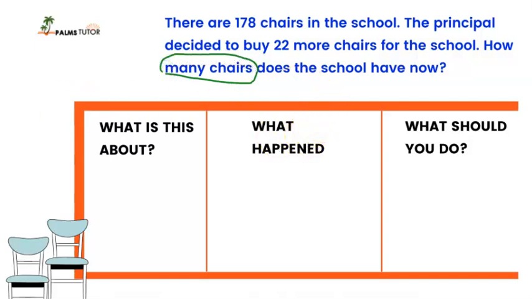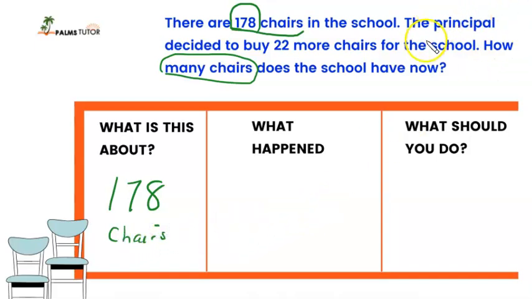So let's go ahead and read one sentence at a time. There are 178 chairs in a school. Do you have any information in this sentence? 178 chairs. You are interested in 178, right? So we have 178 chairs.